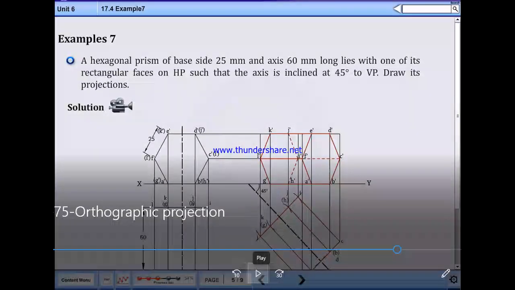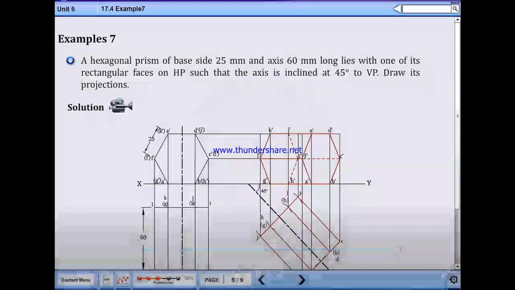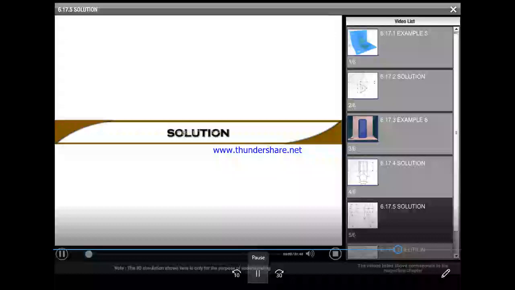Once again, this example solution will be explained. Solution to example problem.